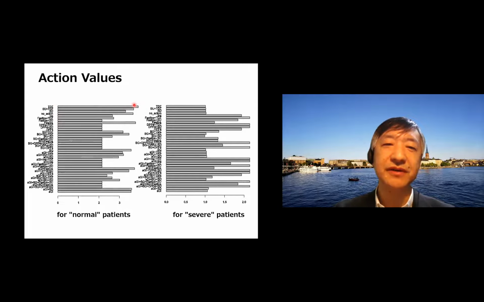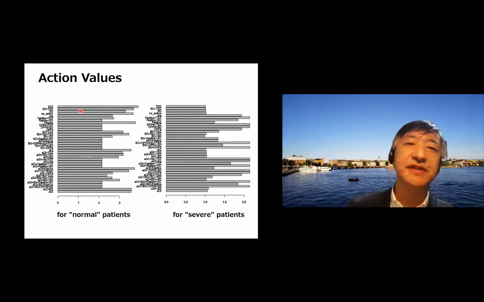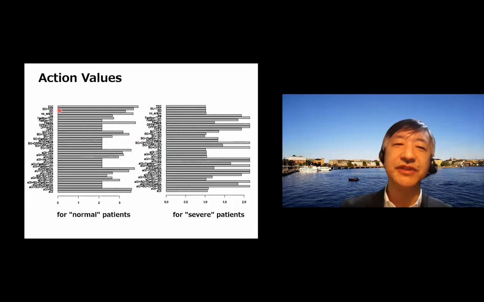And this graph is for a severe state patient. So you can see the difference of the action values. In severe patients, the combination of medicine gets a higher action value. There is such a tendency you can see in this graph. So you can evaluate the value of each action.